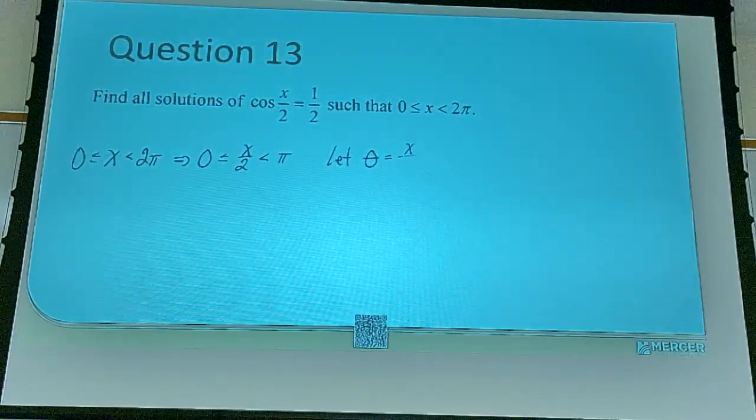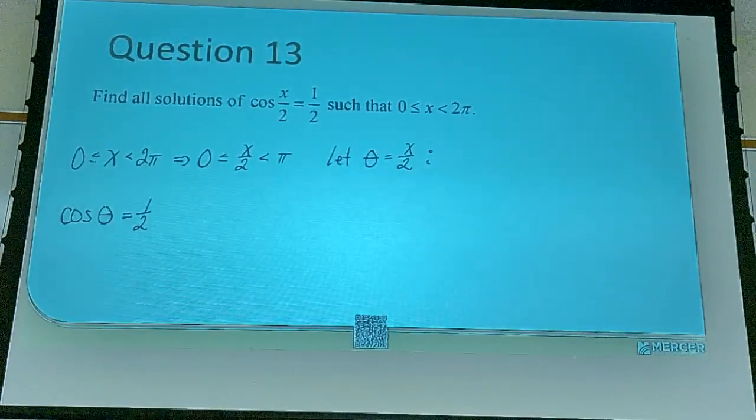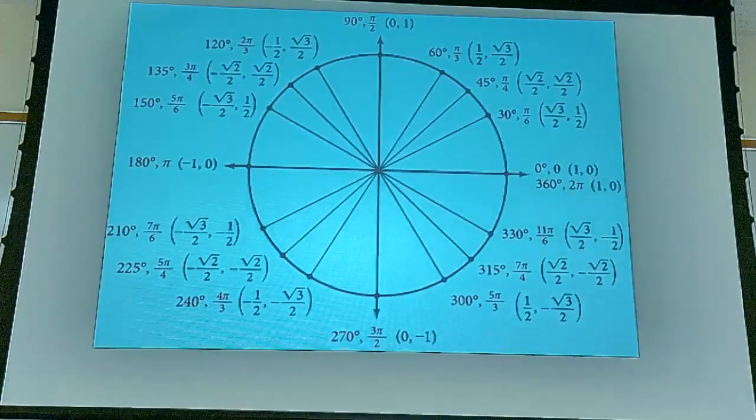Again, just do a change of variable, we don't have to. Cosine of theta equals 1/2. And then what I'll do is I'll just treat it like we've been doing, theta between 0 and 2 pi for now. I'll restrict it later.